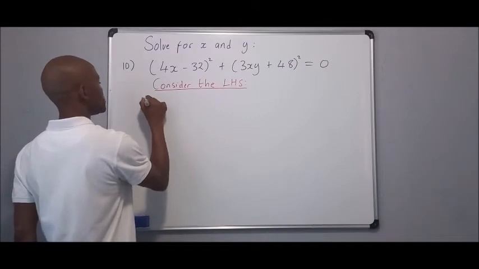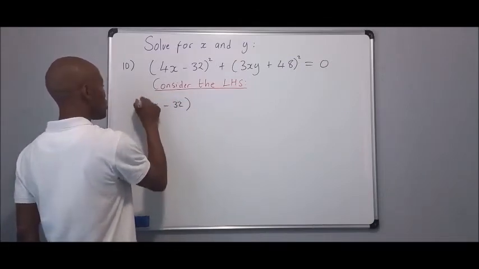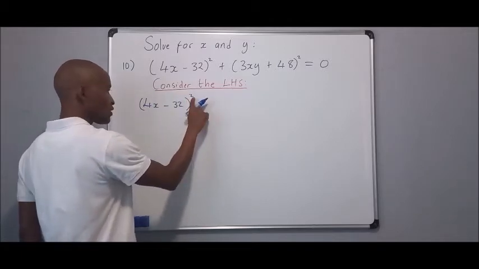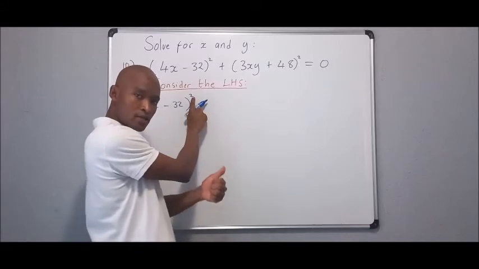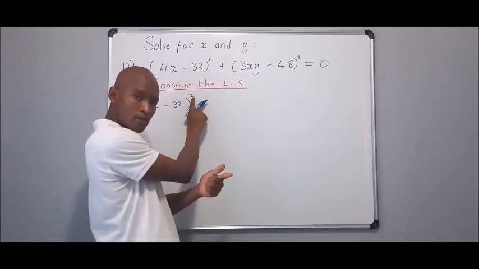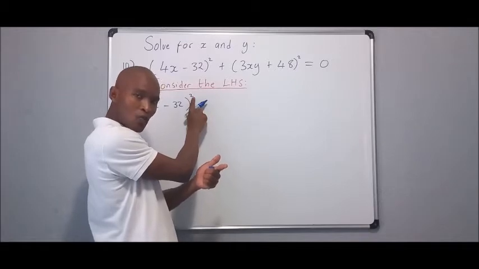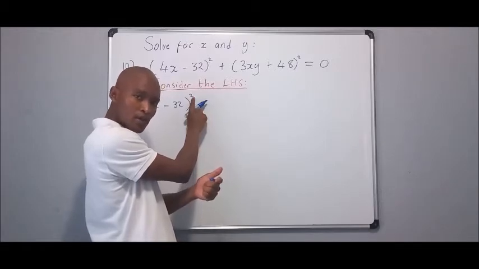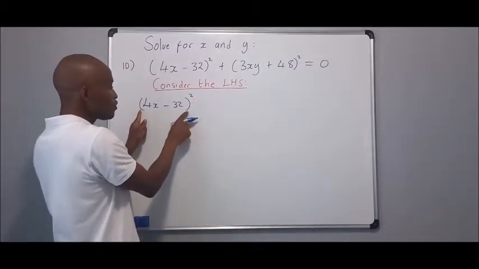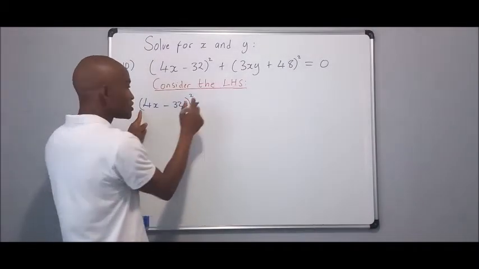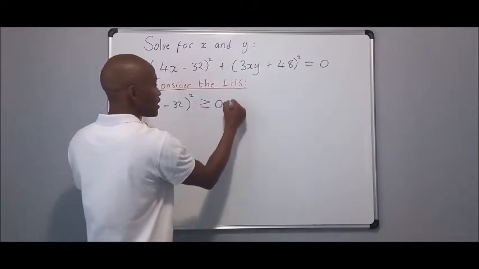We know that (4x minus 32) all squared. When you are squaring any number, whether it's negative or positive, the answer will be positive. And when you are squaring 0, 0 squared is equal to 0. So we can, without any doubt, write that this is greater than or equal to 0.